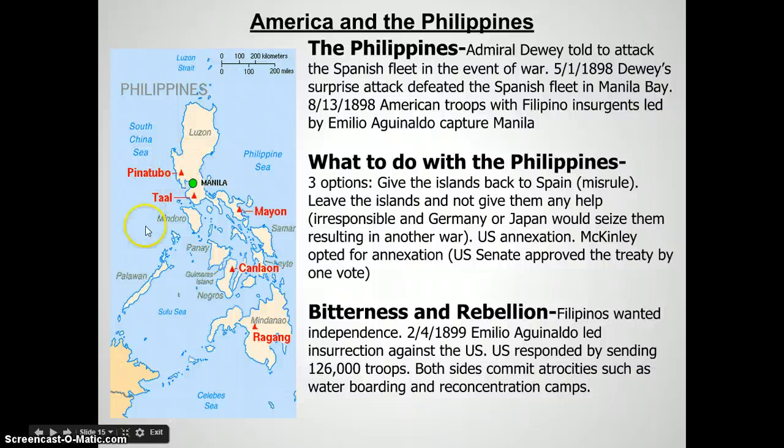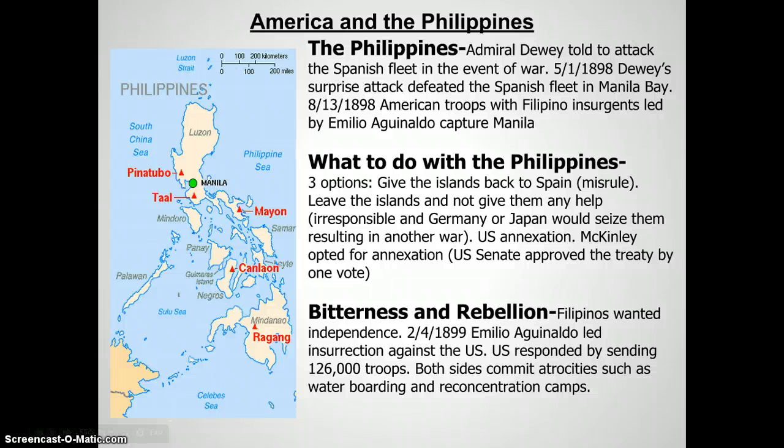He is aided by the leader of the Filipino rebellion, Emilio Aguinaldo, and they will capture the capital city, and that will basically end the Spanish control there effectively. It's seen as a great victory for the United States, but we are left with the issue of what do we do with this country that's half a world away?